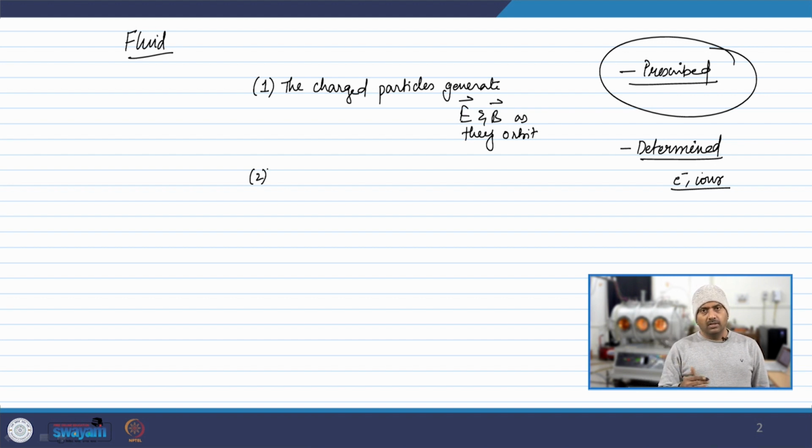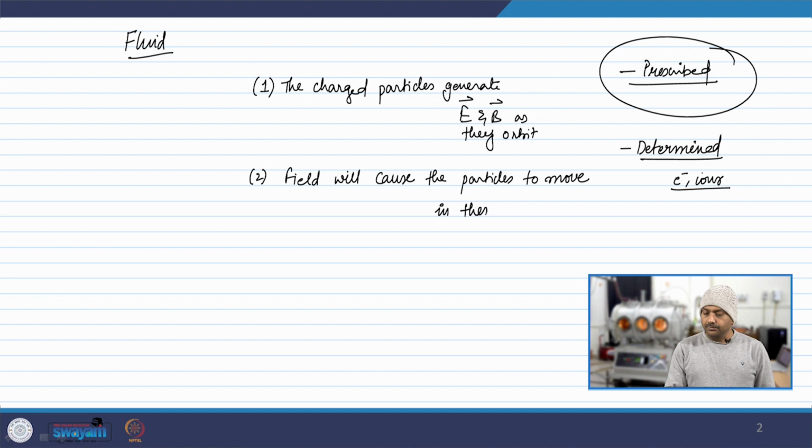Why do they orbit? As they experience an electric field or magnetic field, they will orbit according to the field's condition, right. Now, the field will cause the particles, the resulting electromagnetic field will cause the particles to move in these orbits.